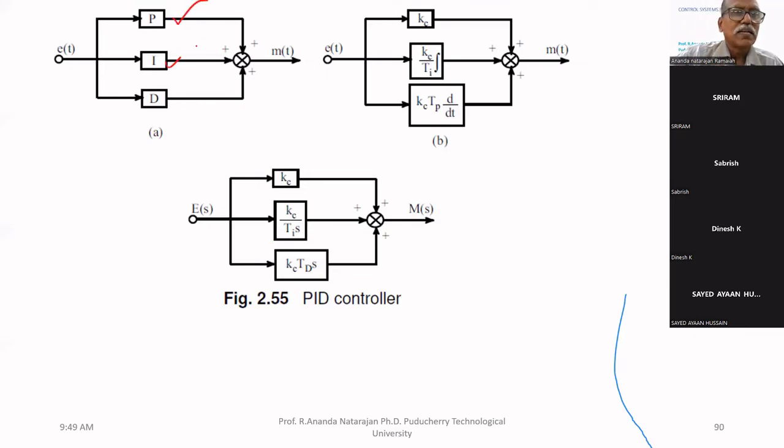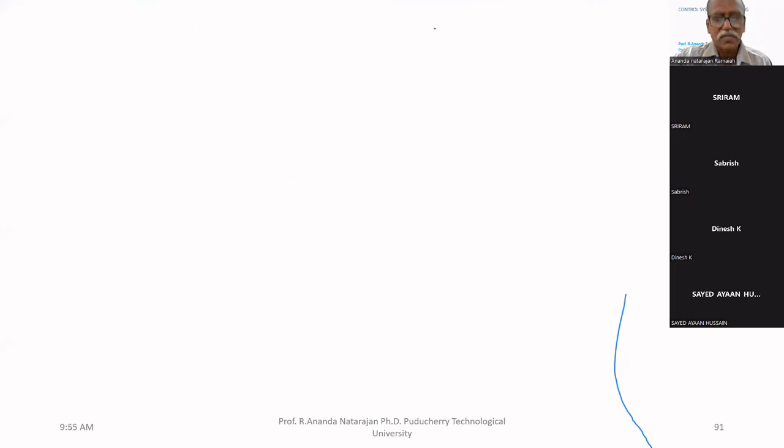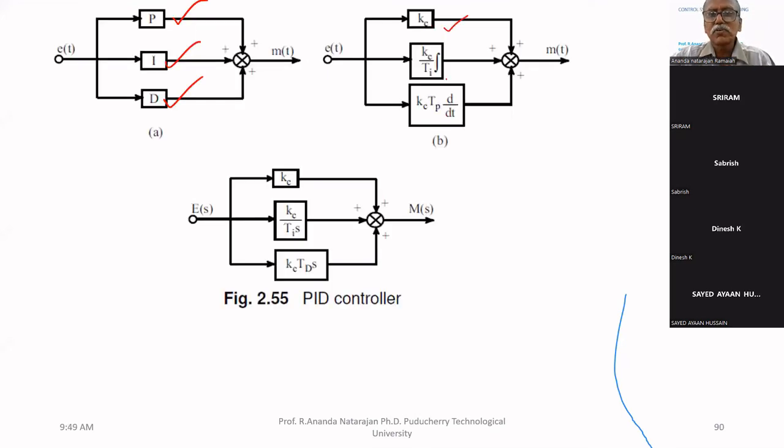This stands for proportional, integral, derivative. Kc is for proportional, the integral term is for integral, and the derivative term is for derivative. The error is the input, and the output is given to the system G of S. This is in the time domain.